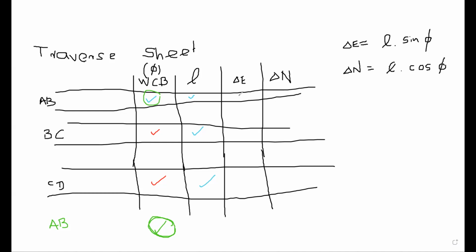You were asked to enter the first for AB, and I asked you to select the last one. Then you have to enter all these delta E and delta N values. So I gave that part as homework.